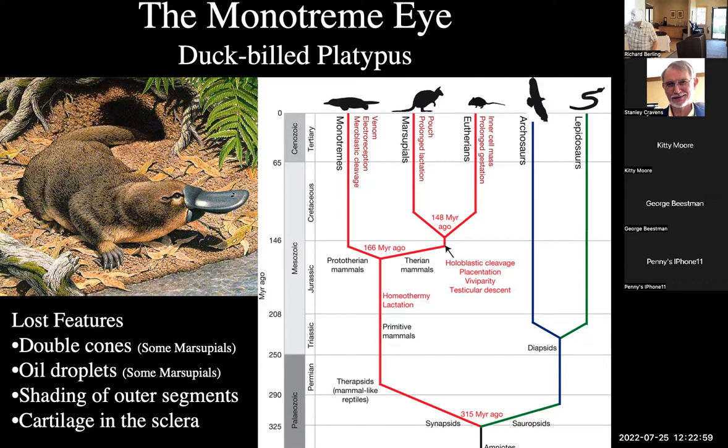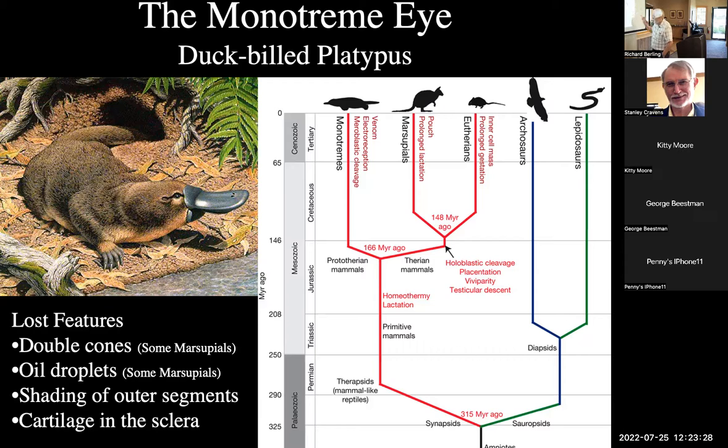They have oil droplets, and to be fair, we do see these in small numbers of cells in the marsupial eyes as well. We see shading of the outer segments, which we had lost in the rest of them, and now we see cartilage in the sclera again. So a lot like what you would have expected mammals to have inherited from their amphibian ancestors.